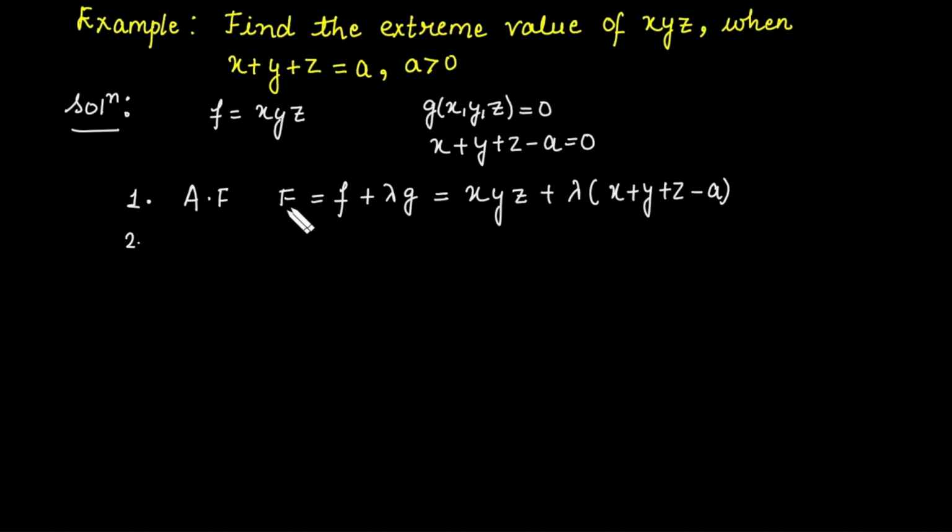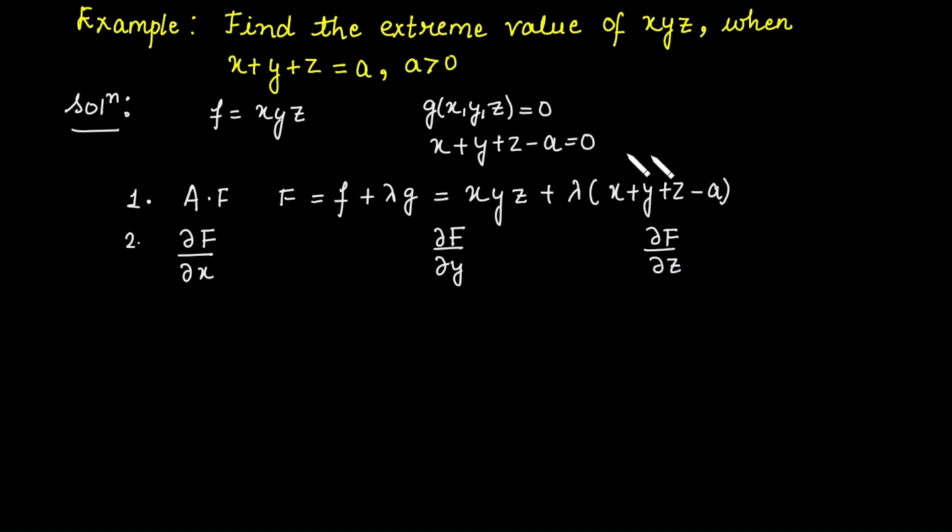Step 2, find the critical points of this auxiliary function, that is the partial derivative of the function with respect to x, then the partial derivative with respect to y and the partial derivative with respect to z, then put each equal to 0.